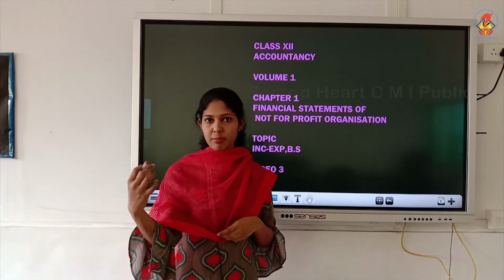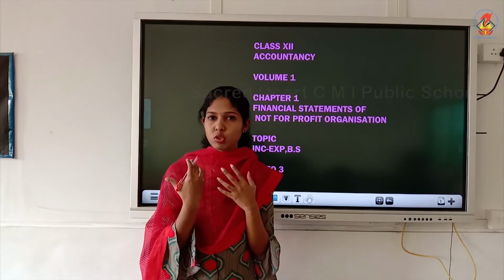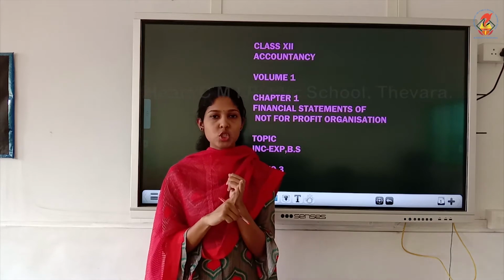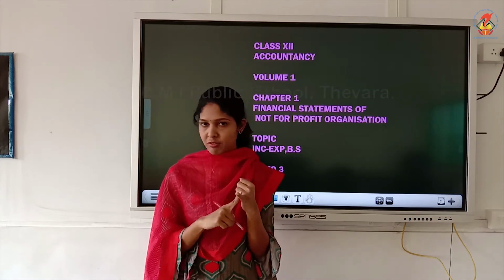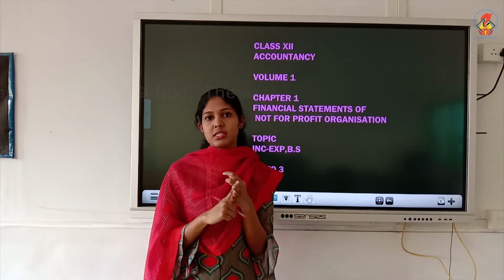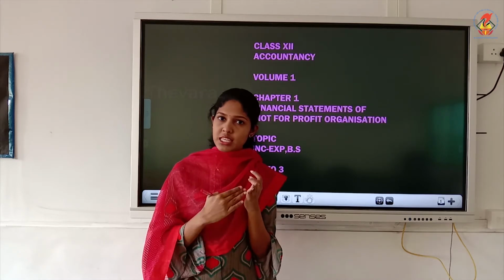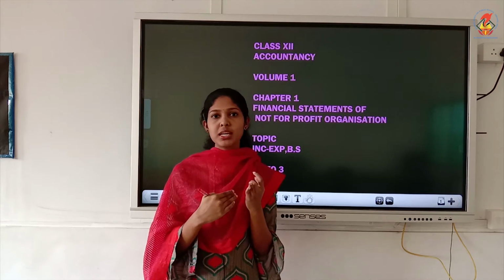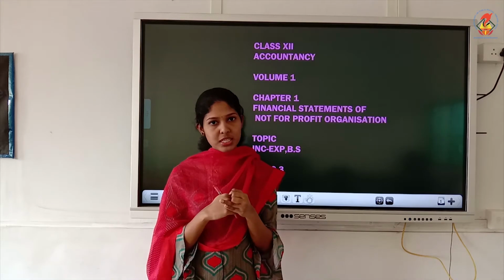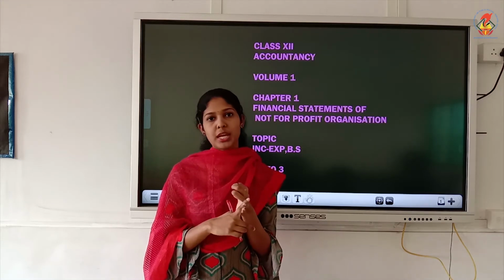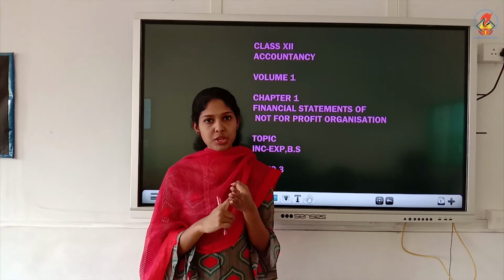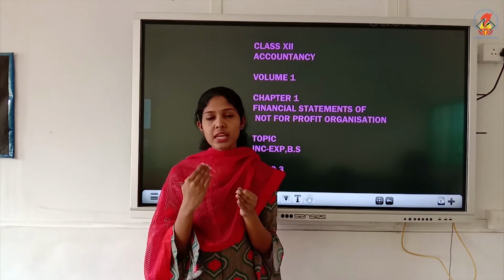Then while you do income expenditure account, we have to remember the features of income and expenditure account. The first feature is, it is a nominal account, that we have discussed before. Then it follows accrual basis, meaning received and receivable. Similarly, paid and payable, all these are included in income expenditure account. Then next one is, it includes revenue items, that means recurring items.